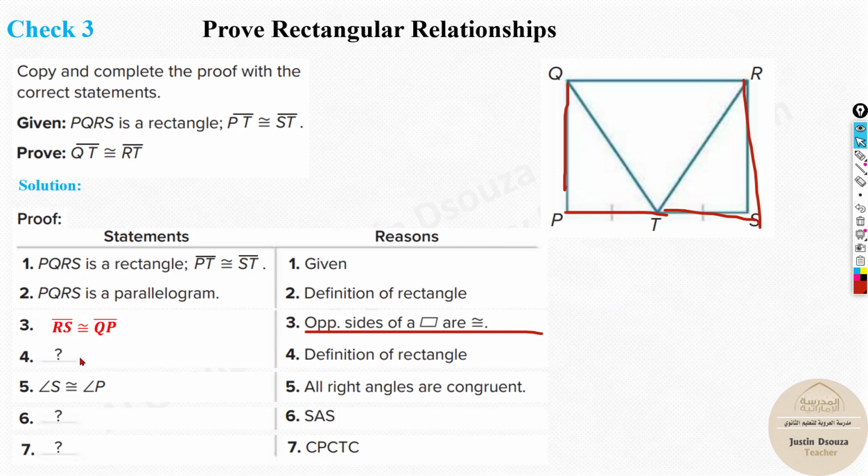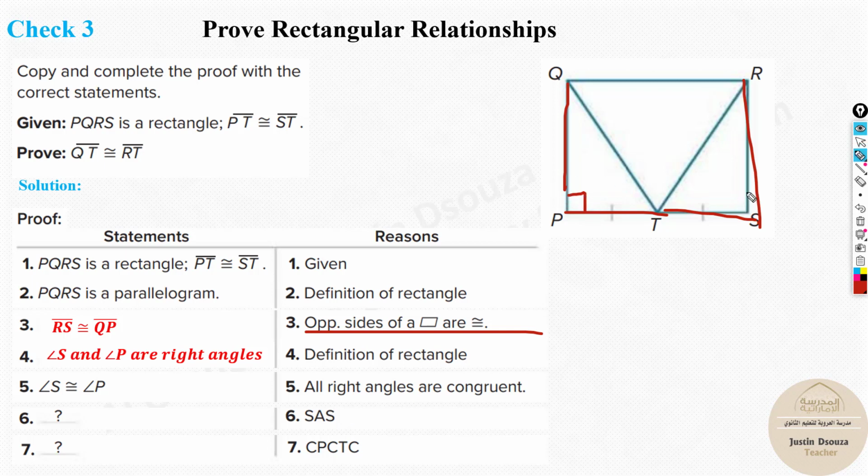Over here, these congruent sides meet at angles S and P. Can you see this S and P? They are right angles, because if it's a rectangle, the corners must be 90 degrees. Here they are all right angles, right? Now we will just see what is known.